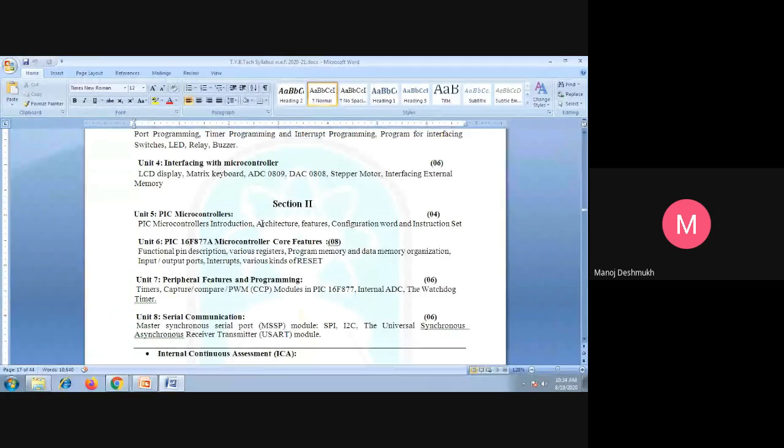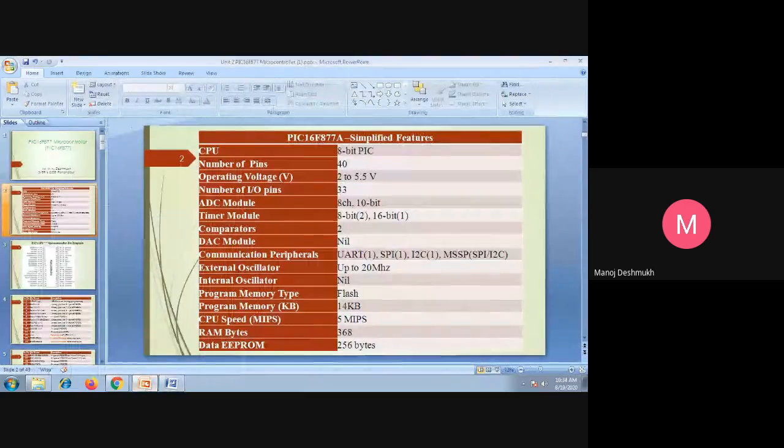So we will go with the features and architecture first, and then if feasible, we go to the pin diagram in this chapter itself, and later we will discuss the various functional blocks, that is RAM, ROM, some SFRs, reset circuits, interrupts, working of IO ports like this. Here we start with the features.